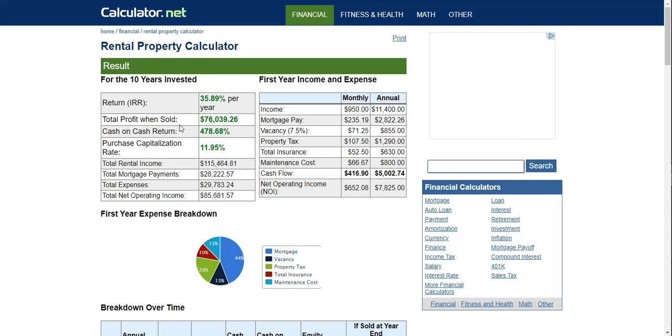The total profit when we sell the property 10 years later would be $76,039 roughly. But this is not just profit from the sale of the property. This number also includes your cash flows over that 10-year period plus the profit from the sale of the property.